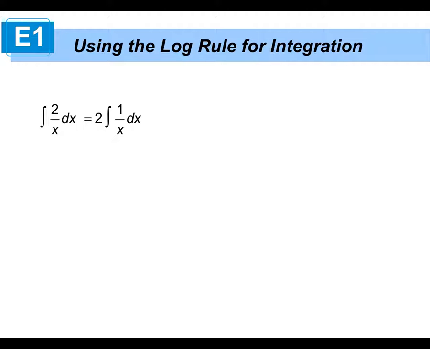Move the 2 out in front, right? So we can do that. And what's the integral of 1 over x? Natural log of, no. There you go, we need absolute value in there. Do we have to include absolute values all the time? Yes. Well, I shouldn't say that. No, not all the time.